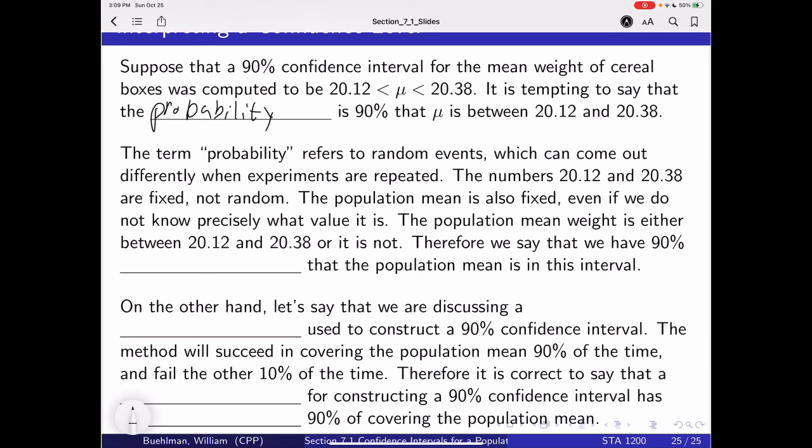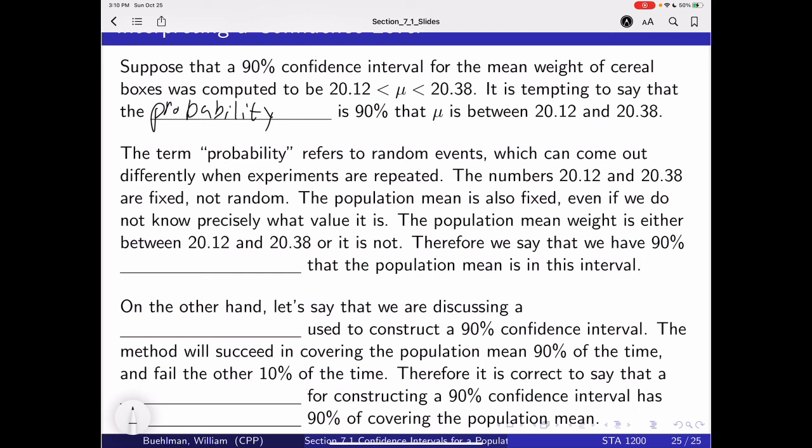The term probability refers to random events which can come out differently when experiments are repeated. The numbers 20.12 and 20.38 are fixed, not random. The population mean is also fixed, even if we do not precisely know what that value is. The population mean weight is either between 20.12 and 20.38, or it isn't.